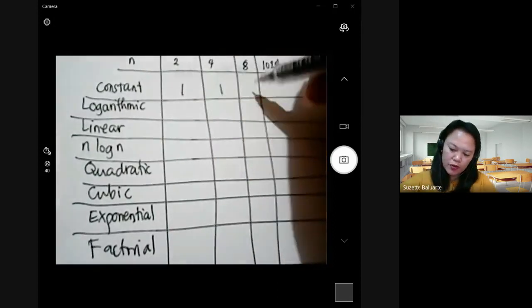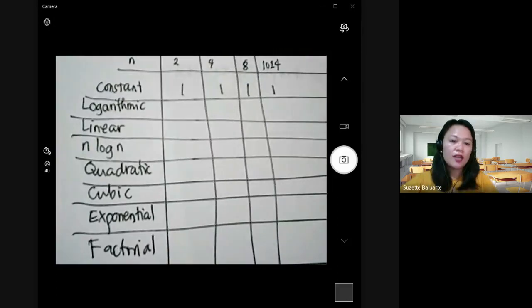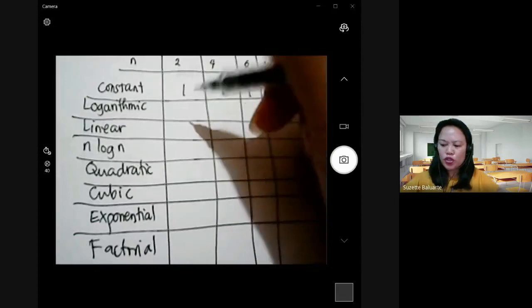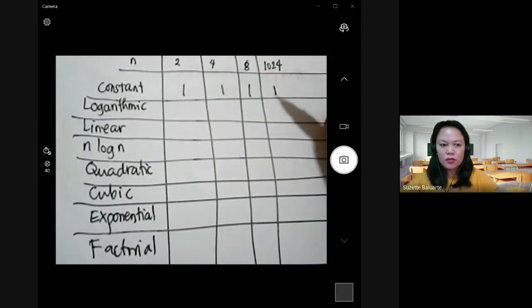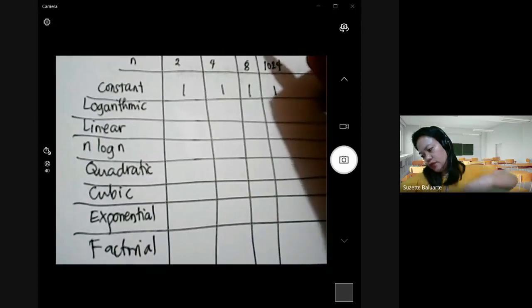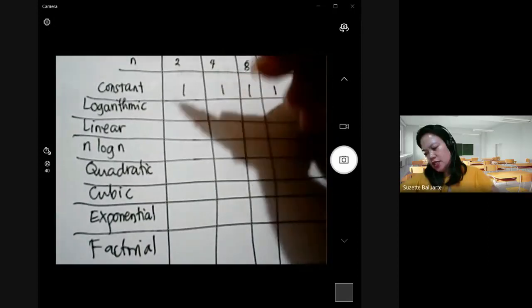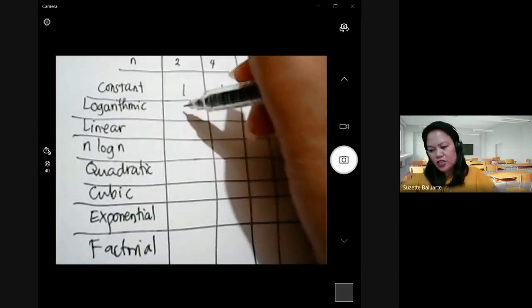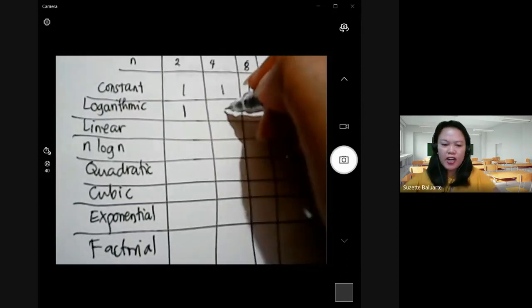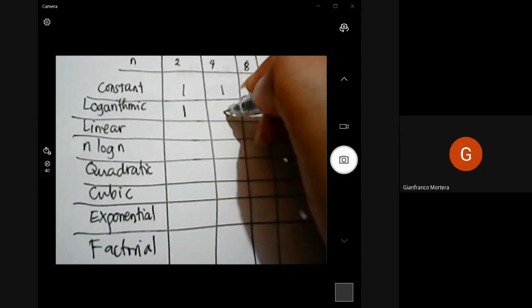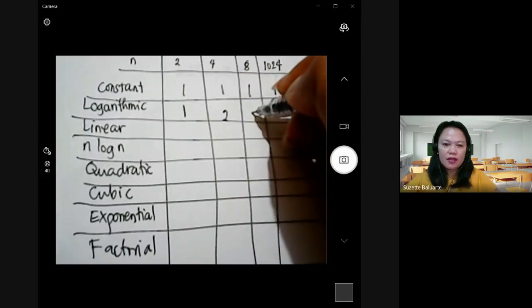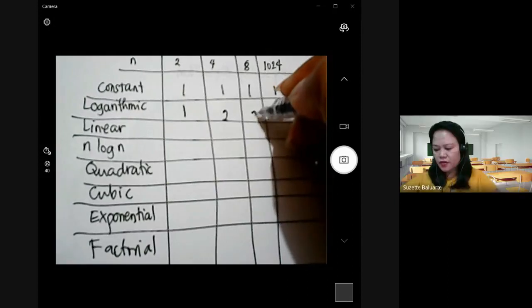Big O of 1. So it is always 1 for all of them. For logarithmic, what is it if n is 2? It is 1. Correct. If 4, what is it? 2. If 8, 3. Correct.